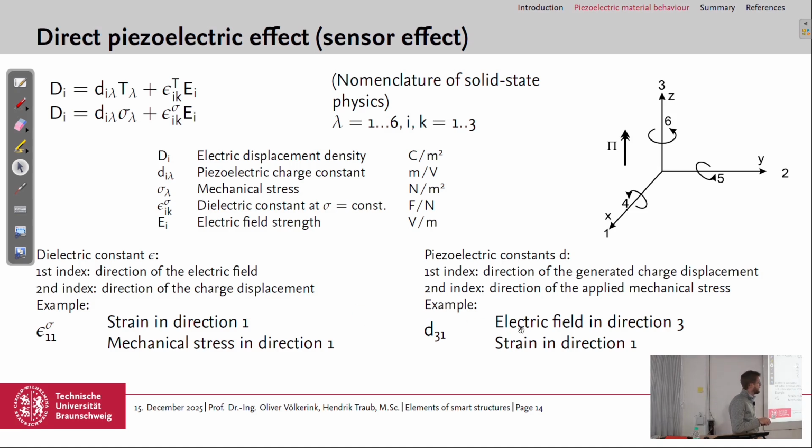And for the piezoelectric constants, the first index is the direction of the charge displacement, and the second index is then the direction of the applied mechanical stress. So we have, for example, D31, which would be electric field in 3 direction, and it causes a strain in 1 direction, so it's perpendicular. If we would have D33, it describes the electrical field in 3 direction and also the strain in the same direction as the electric field.